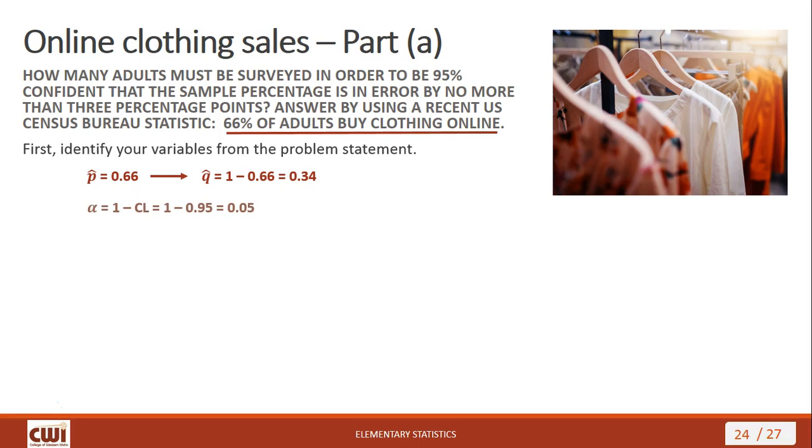Our alpha level is going to be equal to 1 minus the confidence level. The confidence level is 95% because in the problem statement it says that we want to be 95% confident. So that means our alpha is 0.05. That then leads us to a z-score critical value of 1.96.